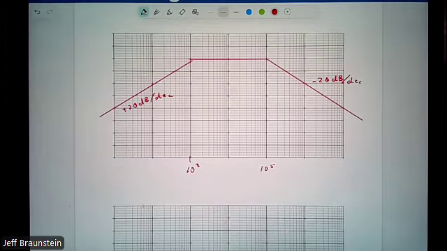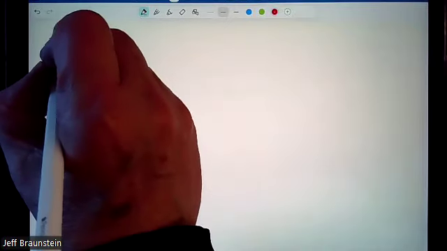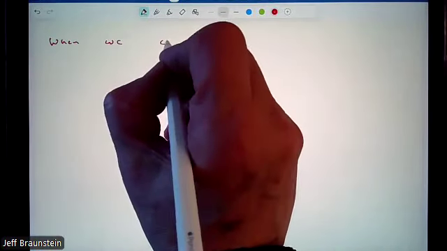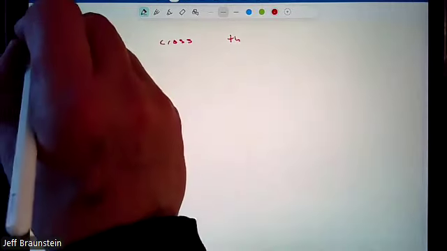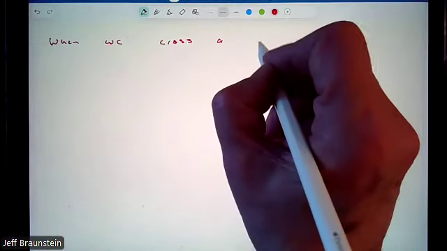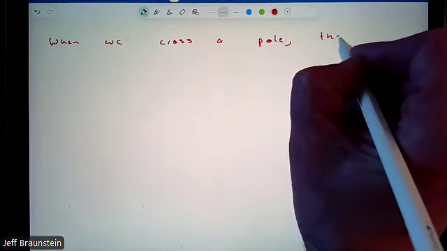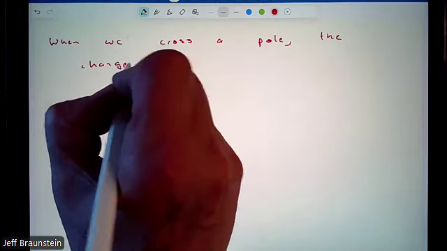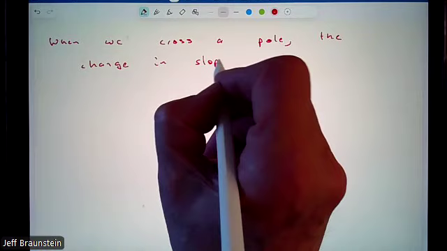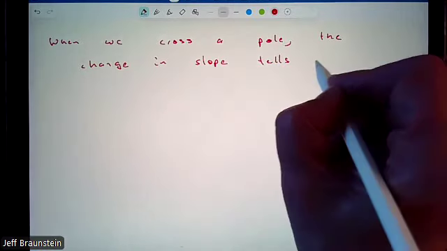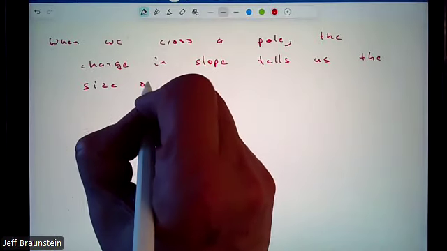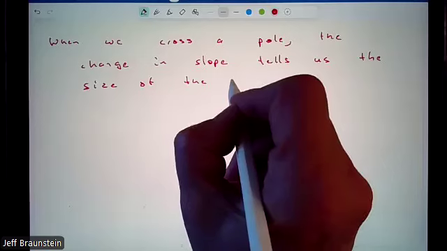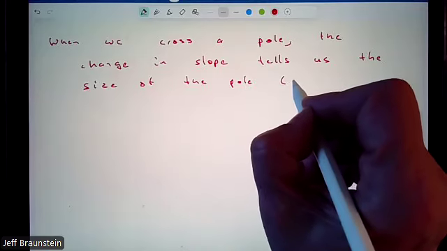So we can write that down. It's probably not a bad thing to have in our notes. When we cross a pole, the change in slope tells us the size of the pole: single, double, triple. This is true for zeros as well.